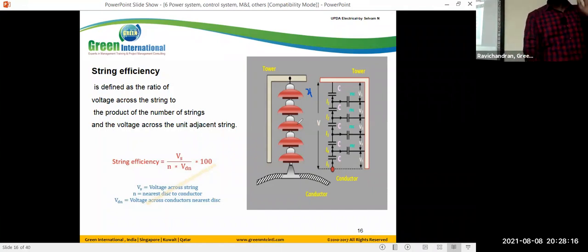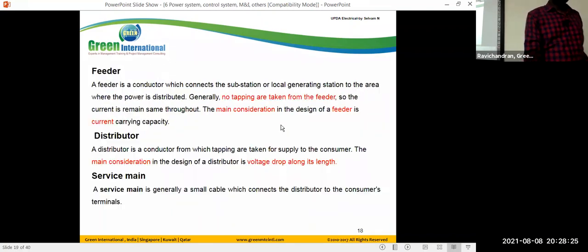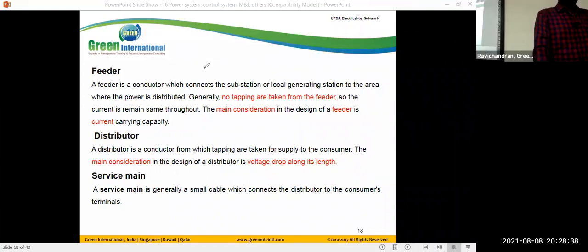So that is the part we need to remember. What is the significance of doing this? It avoids the current in the tower.